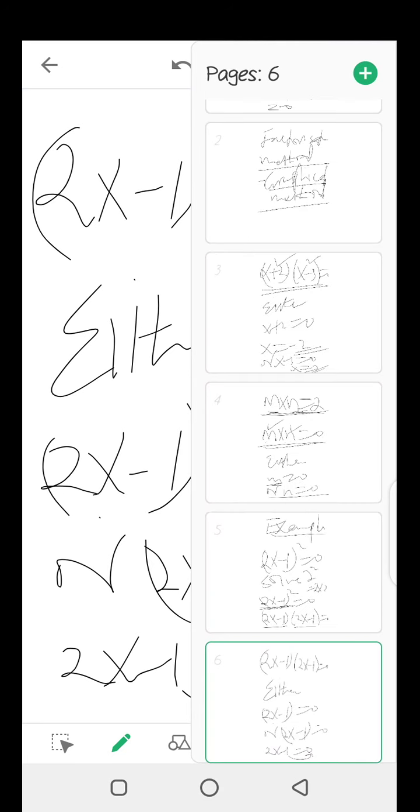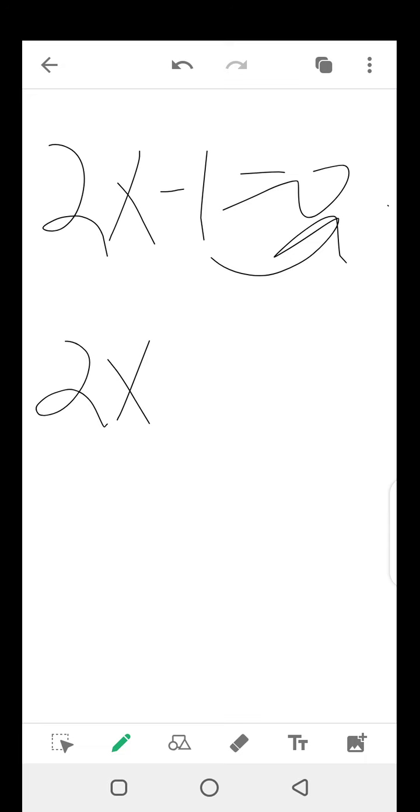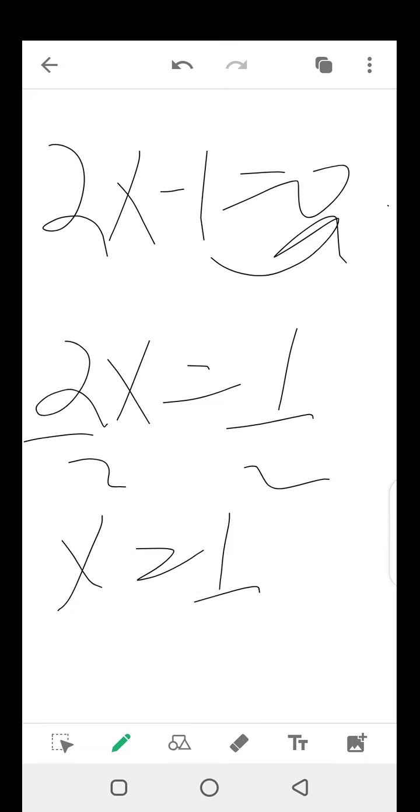So we have that 2x is 1, divided by 2 by 2, x will be equal to a half. Because it is still the same thing, we get x is equal to a half. Now that is basically how we solve a quadratic equation. But this was just a simple illustration. I want to bring a better example.